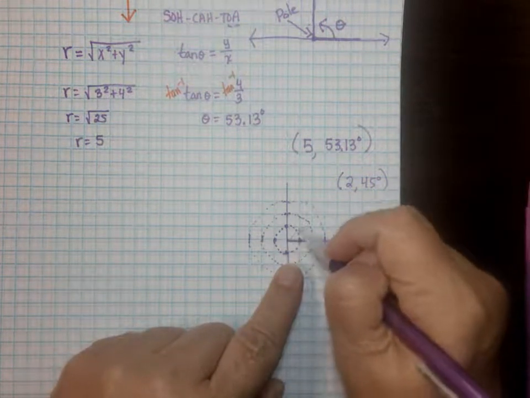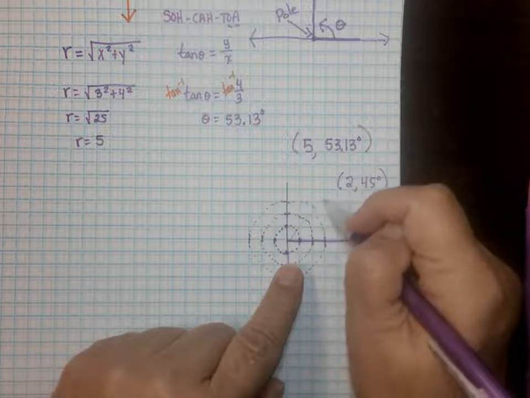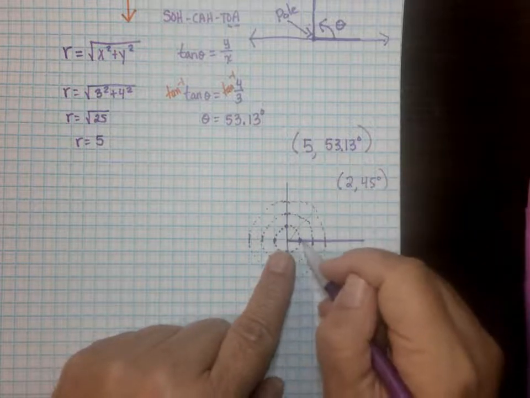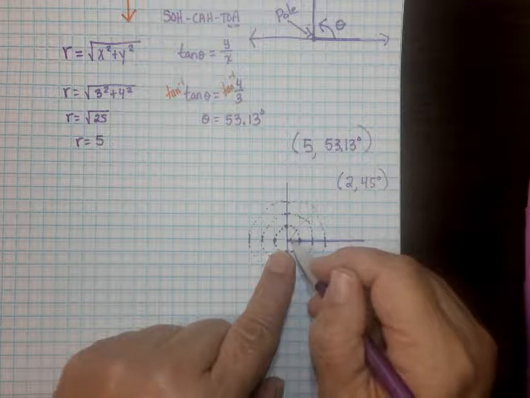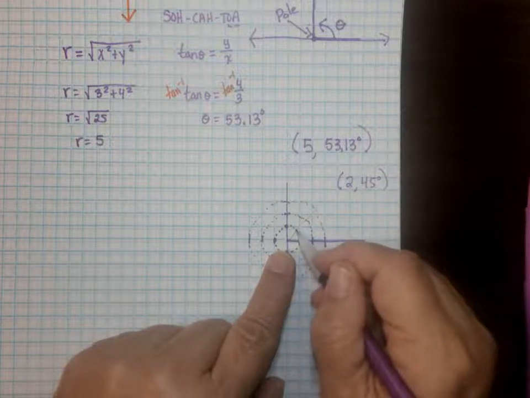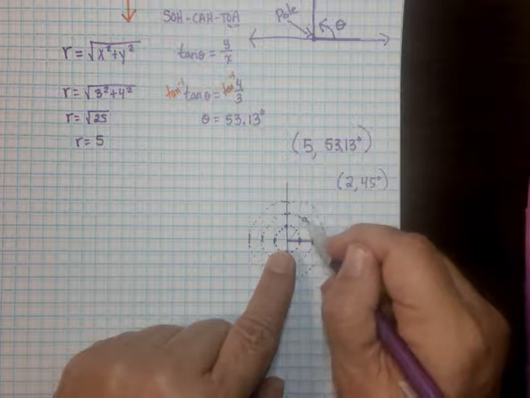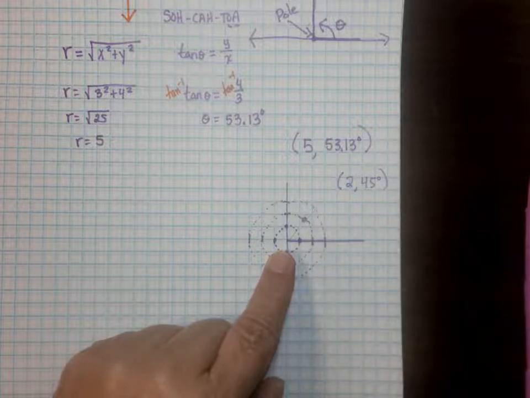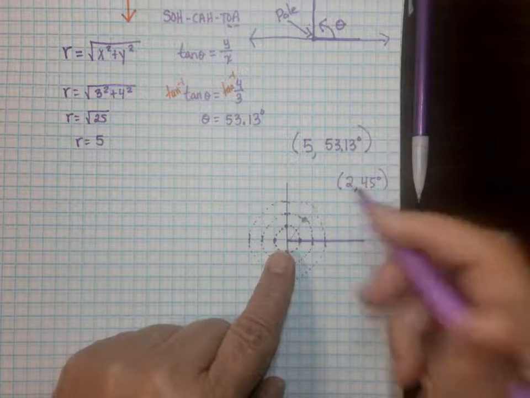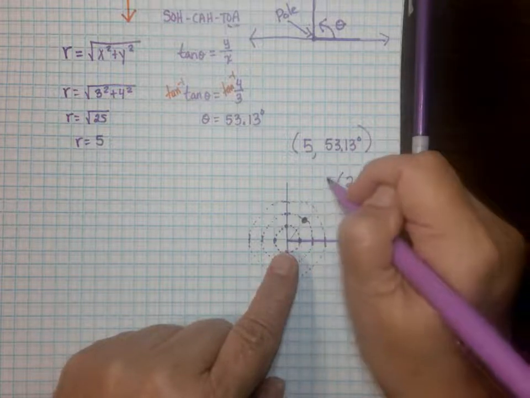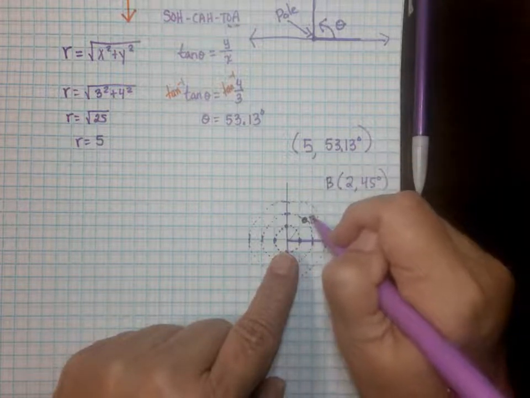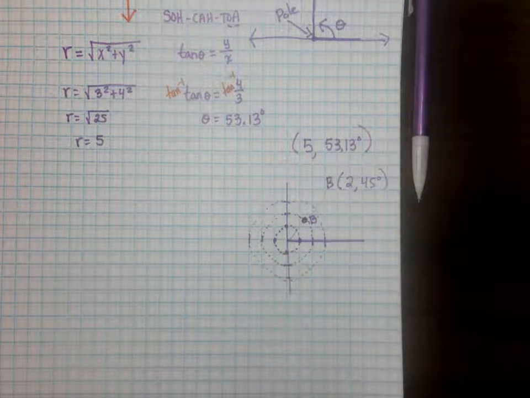So 45 degrees, right, comes right through here. So my angle is 45 degrees, and then my radius is 2. So there's a radius of 1, and a radius of 2 is right there. So if this was point B, there's where point B is.